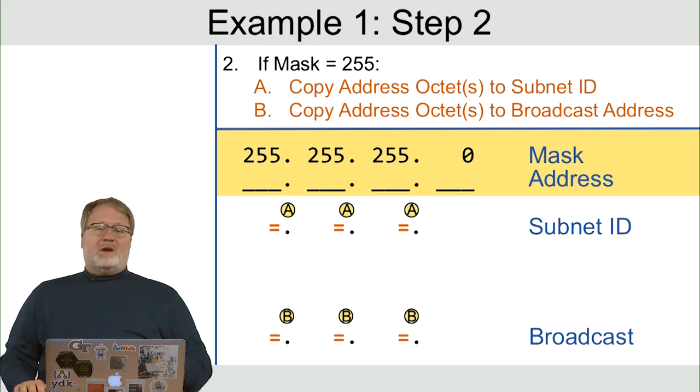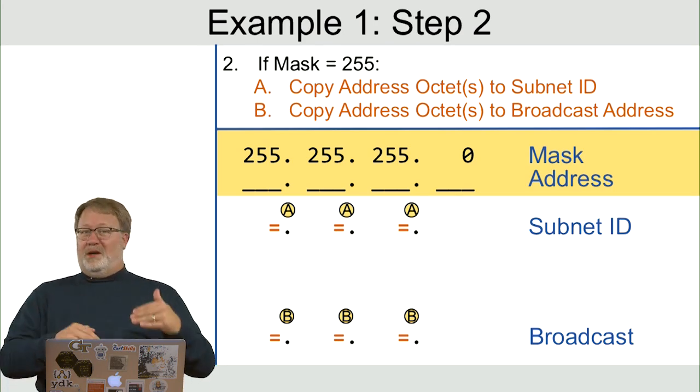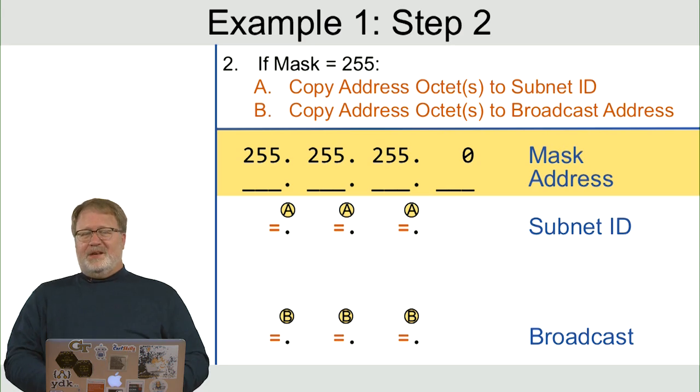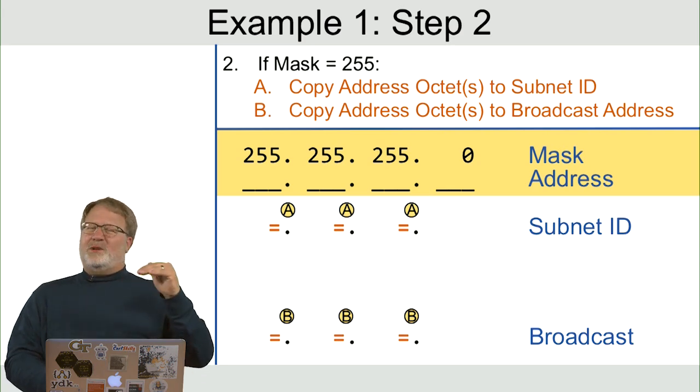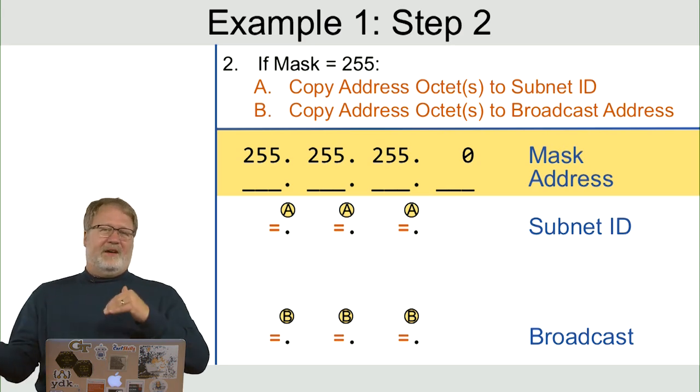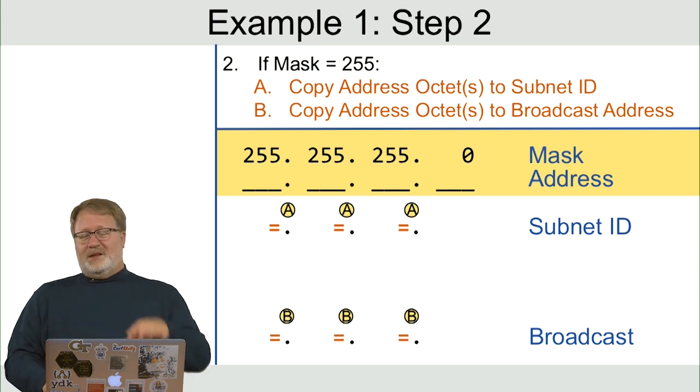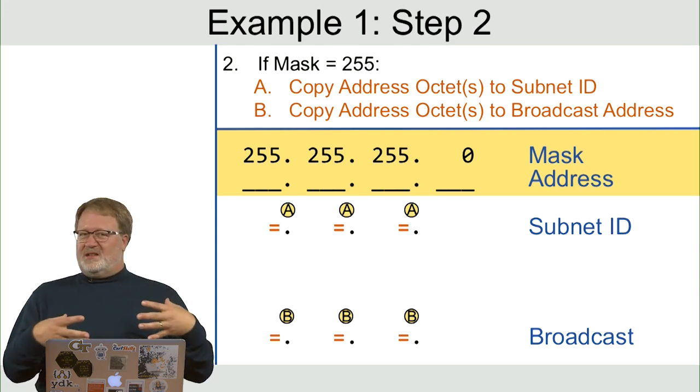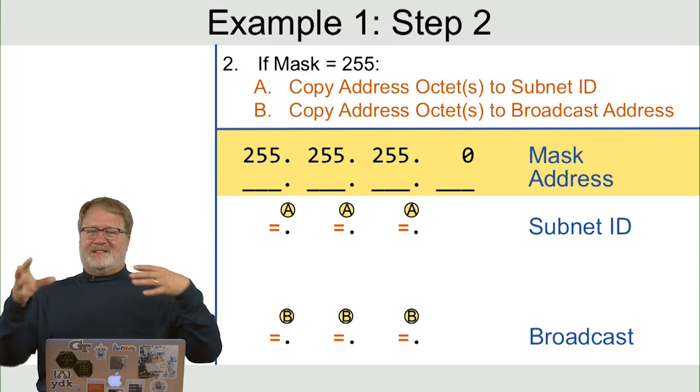Next, we're going to work column by column. This is a generic view of the process. Then we're going to show a bunch of specific examples. In any octets for which the mask is 255, we have some steps to take. In this particular case at the bottom, we've got 3 octets of 255. In all 3 of those octets, we're going to do the tasks listed at the top.